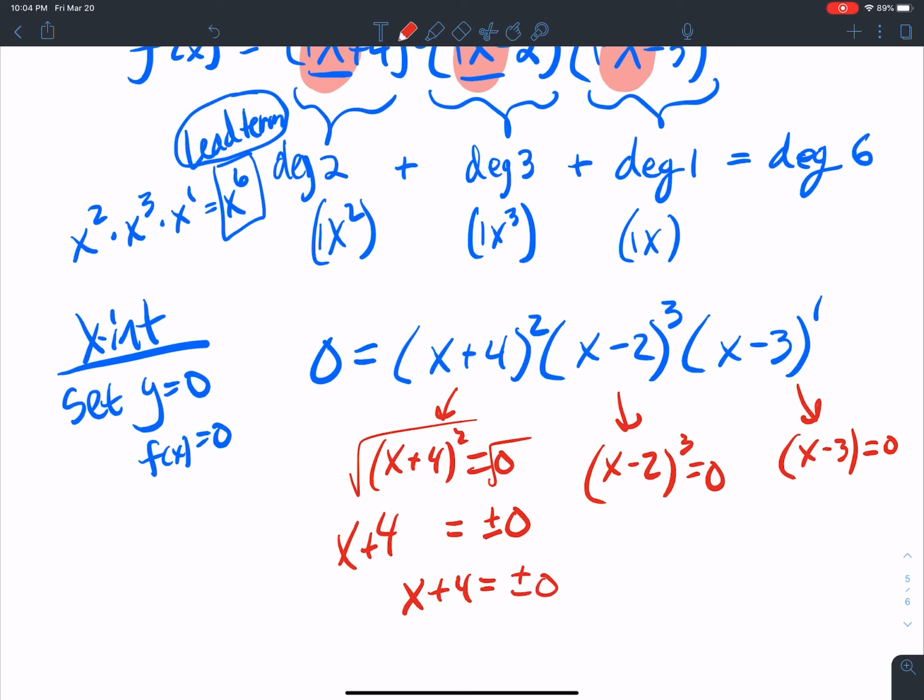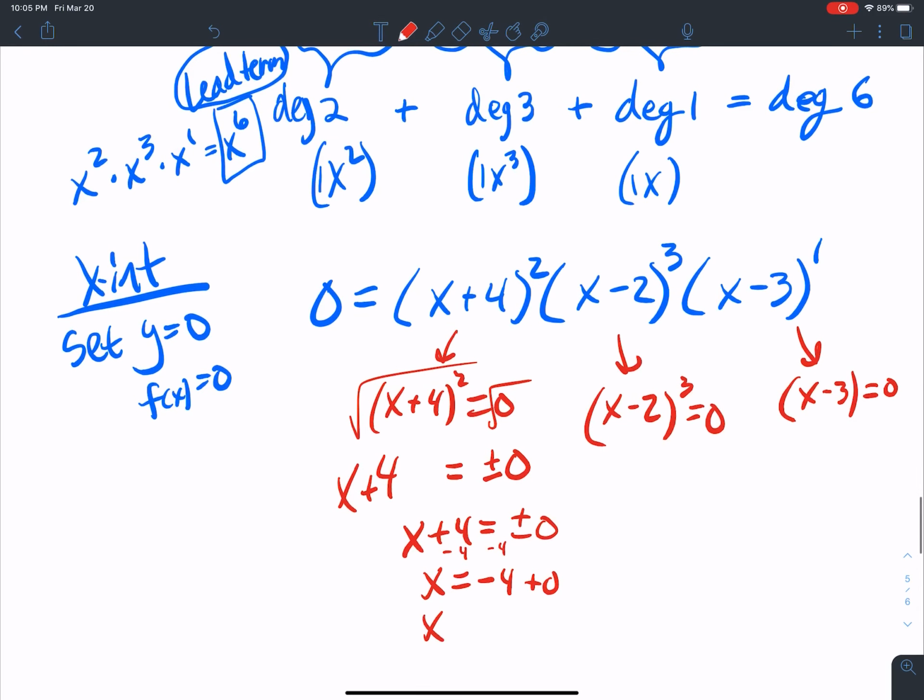Technically, there is that plus minus, so subtracting 4 from both sides, x equals negative 4 plus 0, and x equals negative 4 minus 0. But this is negative 4, and this is also negative 4 when I simplify. This is why we're getting this multiplicity of 2 here. We have 2 x equals negative 4s going on. There's 2 copies.